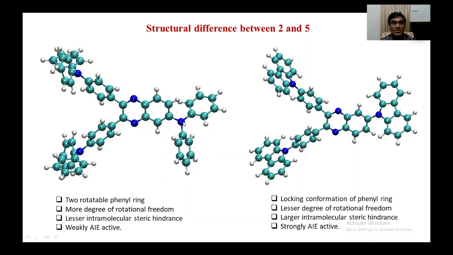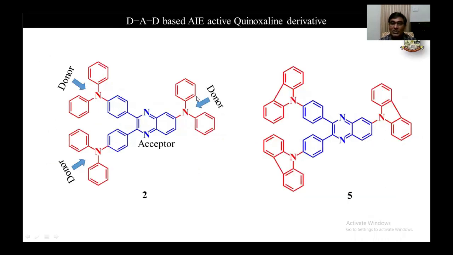And that's why these are good emitters in their solution state, but in the solid state they are weakly emissive. But when we have carbazole as an electron donor, we can see the locked conformation of the phenyl rings. Here we have a new bond between this carbon and this carbon of these two phenyl rings, so it becomes a carbazole. So the freely rotatable phenyl rings now have restricted rotation because of this locked conformation, so this molecule becomes rigid.